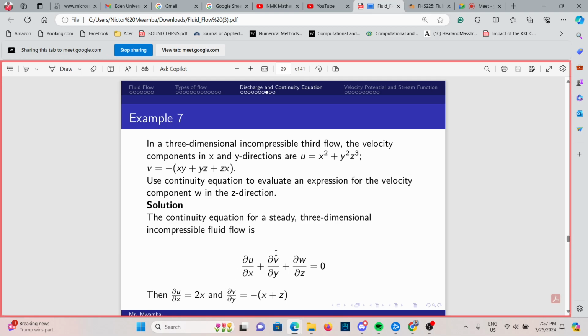Second term, we're going to differentiate the velocity component along the y with respect to y only, because it is the y which is appearing here. Differentiating that, we do the same. The first term in the velocity component along the y-axis has power 1.